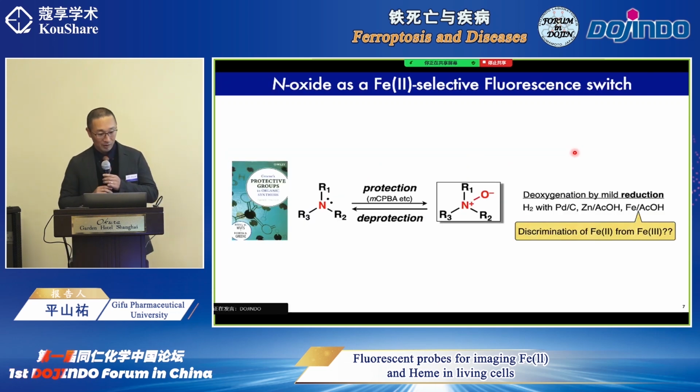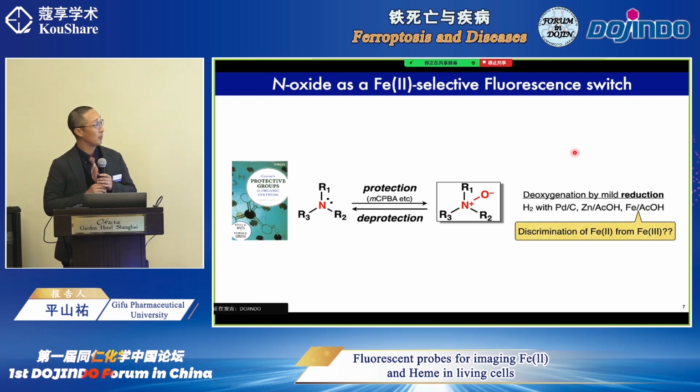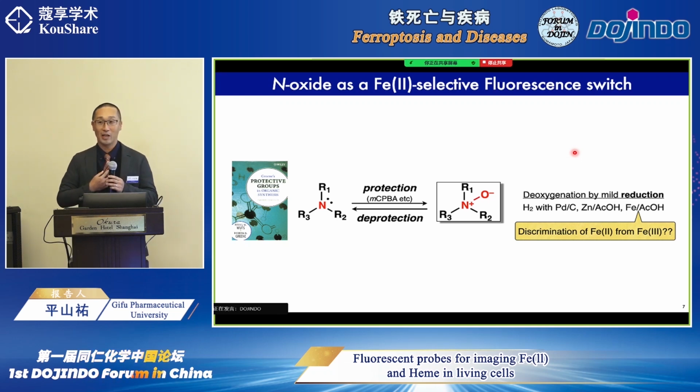We found one of the answers in the protective groups handbook. Because I'm an organic chemist, I think for almost all organic chemists, this handbook is like a Bible. And I found this chemical reaction in this handbook, and this chemistry is used for the protection of tertiary amine.